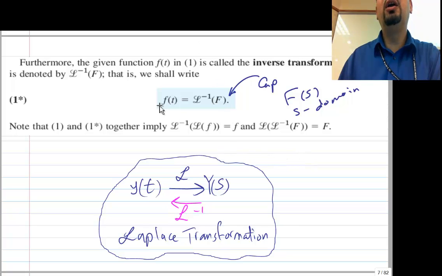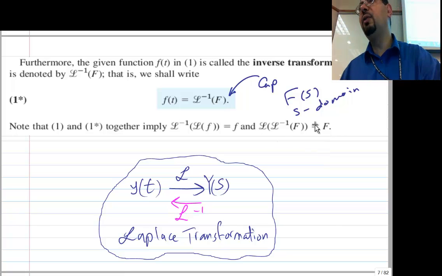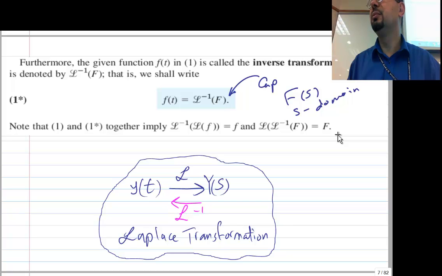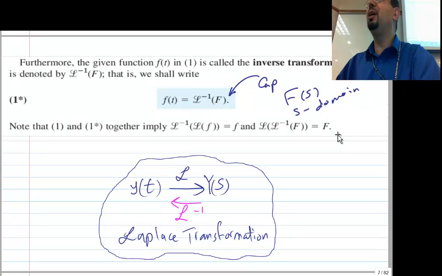All right, so he's basically simply saying that the inverse of the Laplace will end up going back to the same function, right? And the same thing, Laplace of the inverse is basically just the inverse. So you go to the t domain and the s domain, and then when you go back again, you go to the t, and then you go back one more time, you go to the s.